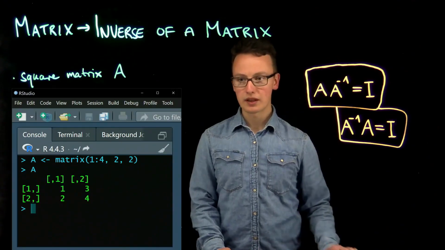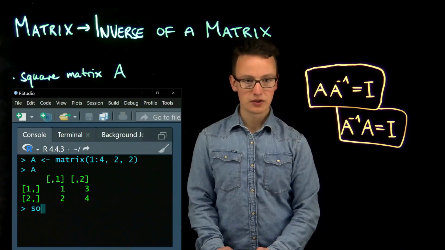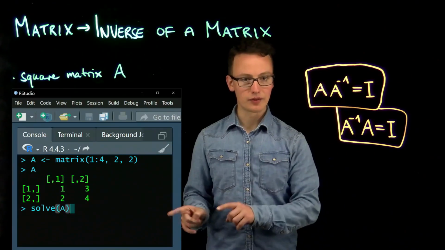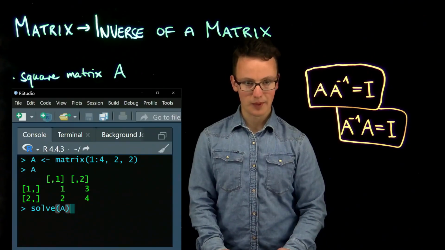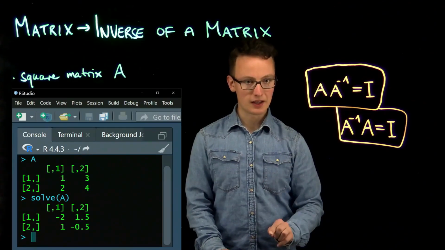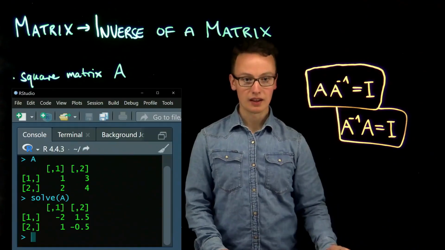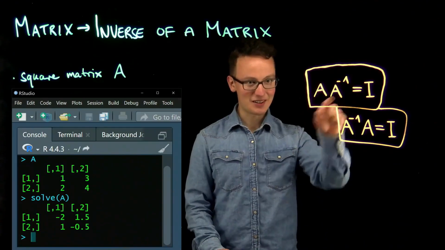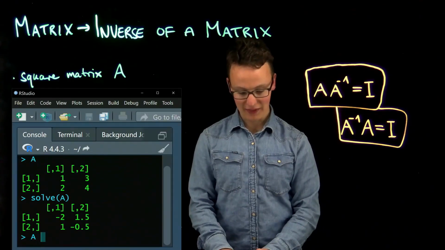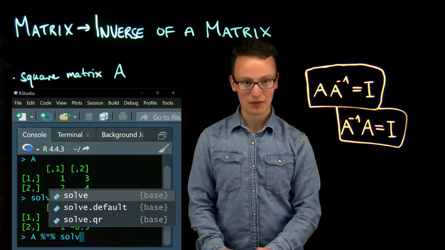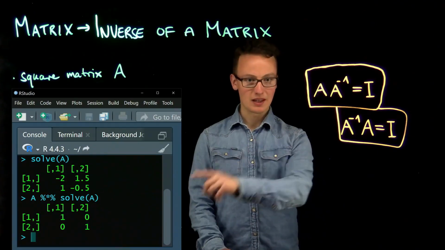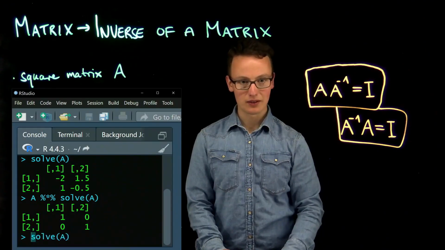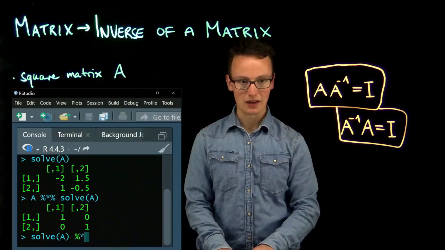Now we can use the function solve in R in order to find the inverse of A. Once we apply this, we will get as a result the inverse of A. And just so that you believe me that it's indeed the inverse, we can make this sanity check. If we take A and matrix multiply it with the inverse of A, this will give us the identity matrix, as you can see. And also, if we do it the other way around, we should get the identity matrix again.